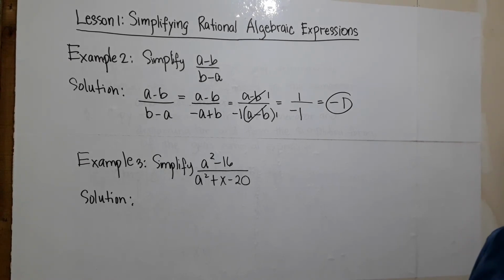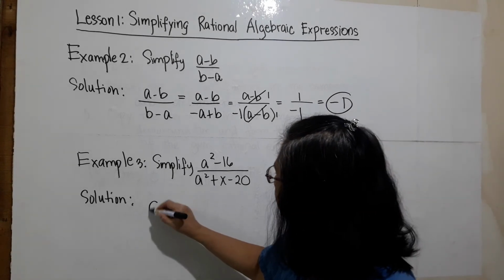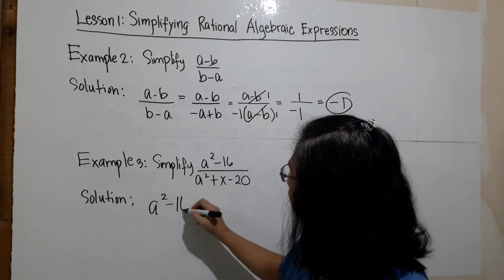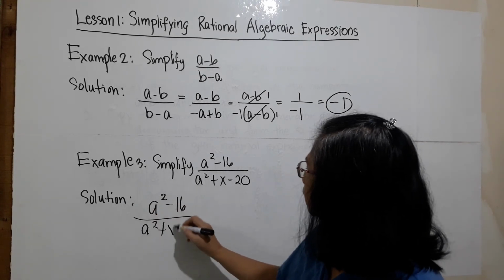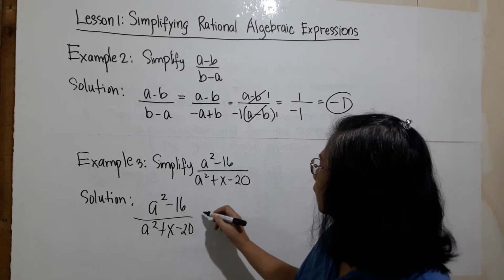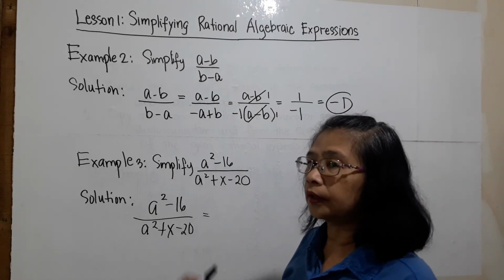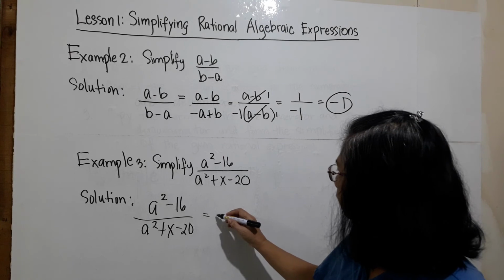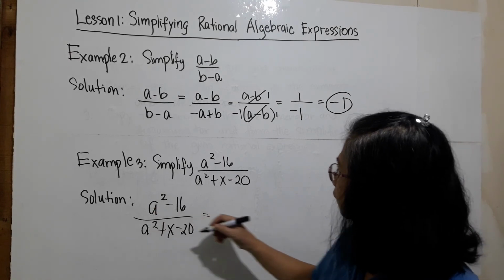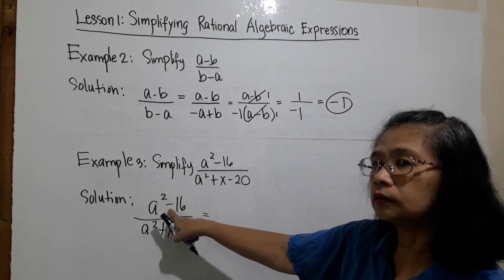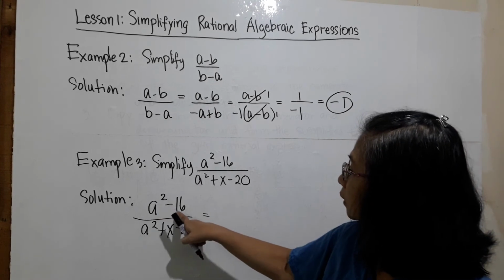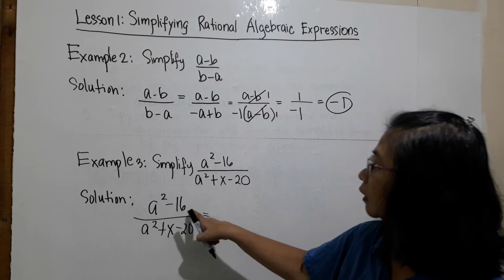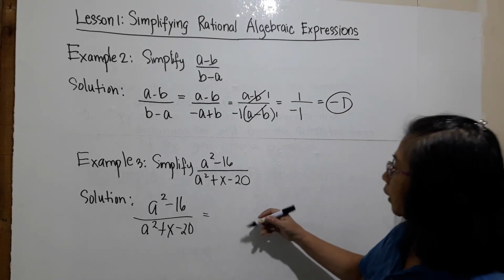Okay, what about example number 3? Let us first copy the given numerator and the denominator. We need to follow the steps, factoring the numerator and the denominator. The numerator is, we have to factor the difference of 2 squares since a squared and 16 are both perfect squares.